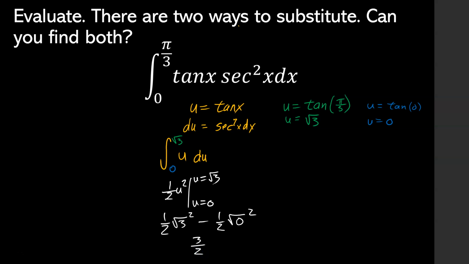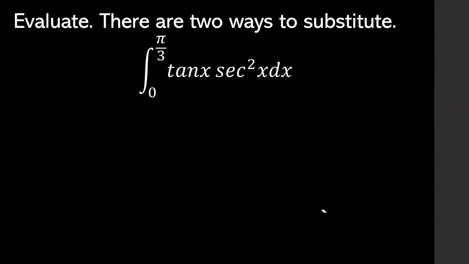So the difference, I suppose, is because we did this work changing the upper and lower bounds of integration into u values of 0 and square root of 3, we didn't need to resubstitute after we found an antiderivative. You don't need to do that twice.